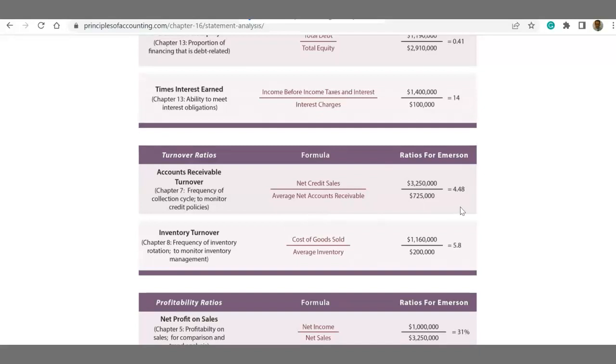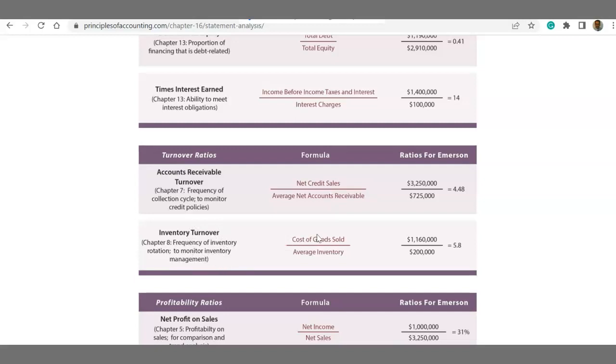And you have to compare to the other company to see which company is collecting accounts receivable faster. And that will create technically more liquidity and shows better management and efficiency in the management of the business. Same thing in inventory turnover. They want to see how many times your inventory has been sold and purchased again, turned over.